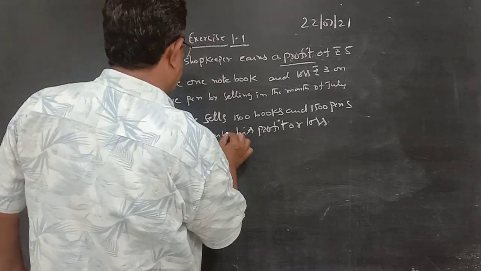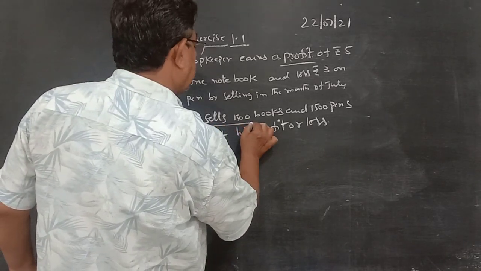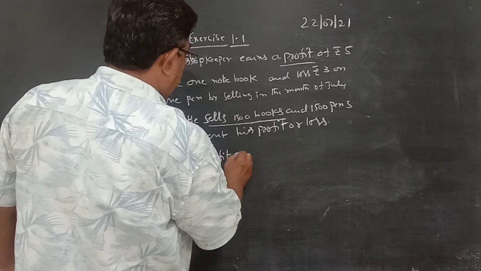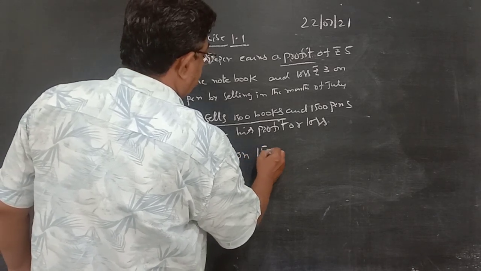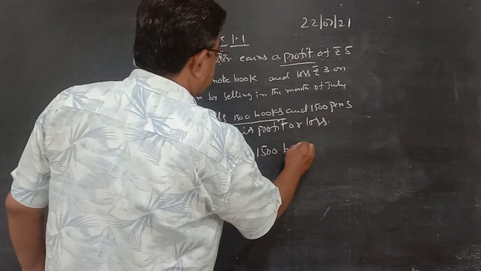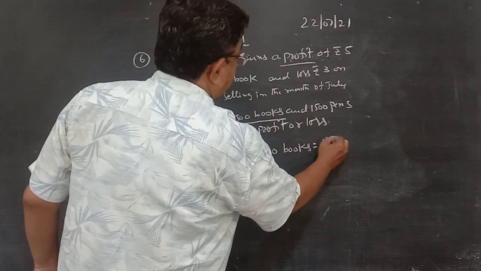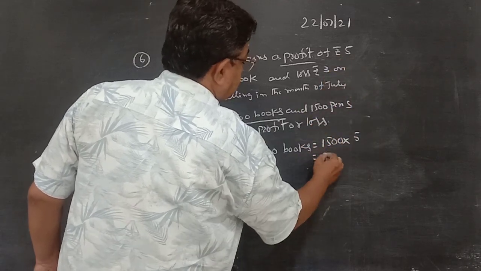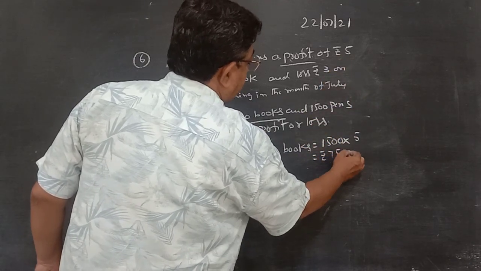So what do we want to find? Profit on 1,500 books or notebooks is equal to 1,500 into, what is the profit on each notebook? 5 rupees. So it is rupees 7,500.